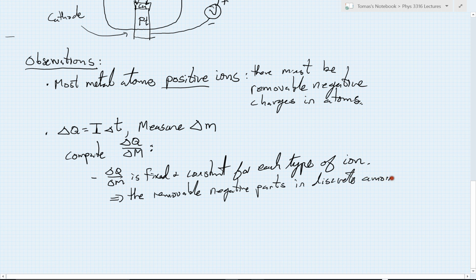That's very interesting, right? You can't just pull an arbitrary amount of negative charge, like it's some kind of fluid that you could abstract from the atom. It clearly comes in these individual units.